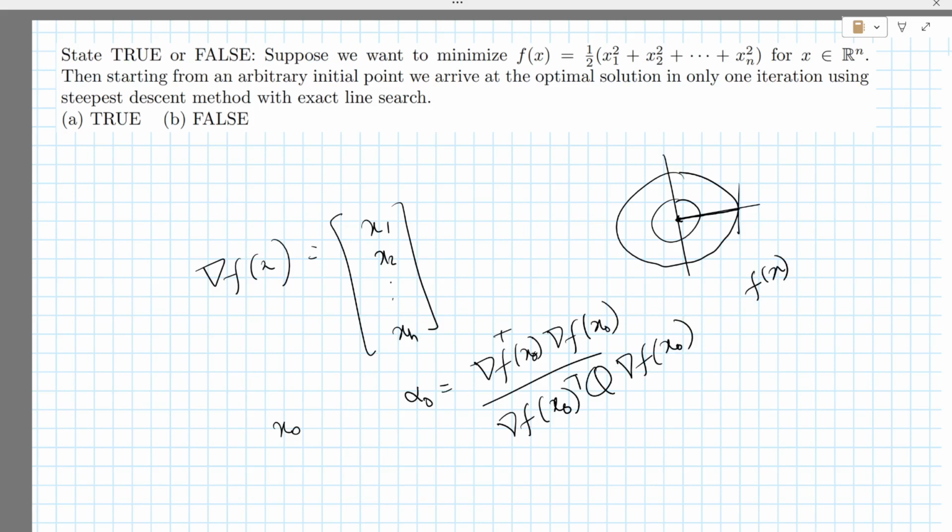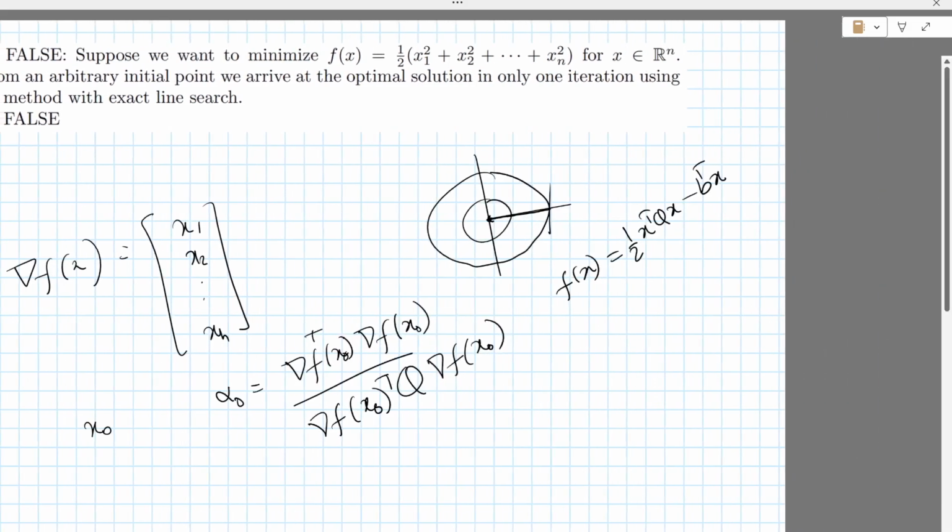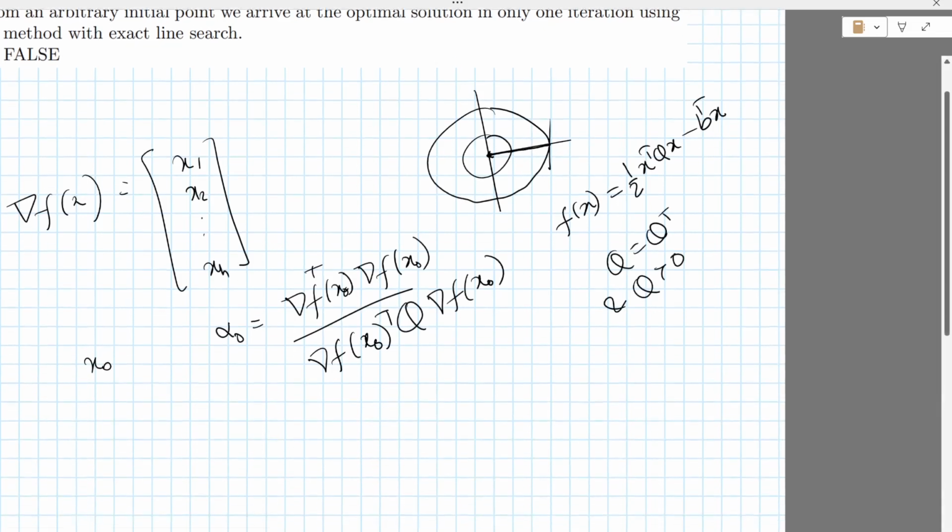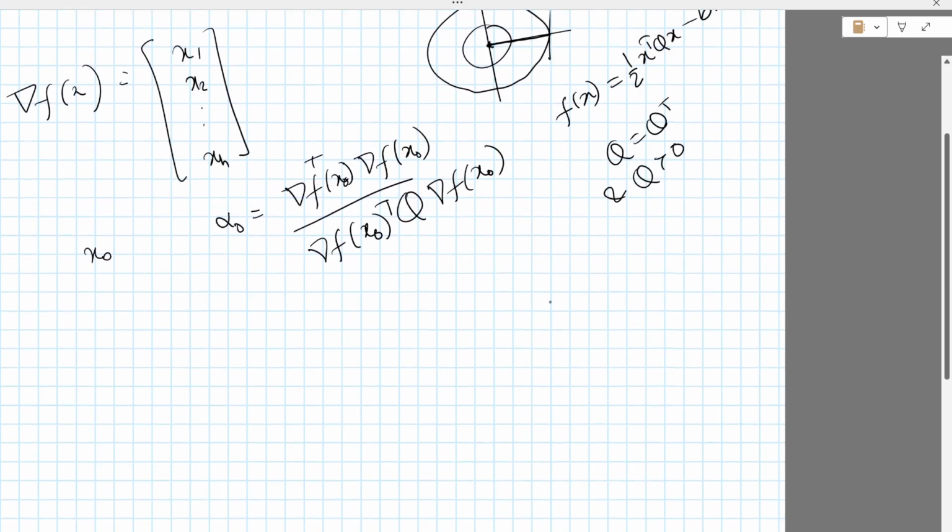Here f(x) is of the form half x transpose Qx minus b transpose x. Out of that, b transpose x is anyway not required. Here Q is identity, no? Yeah, Q is identity.